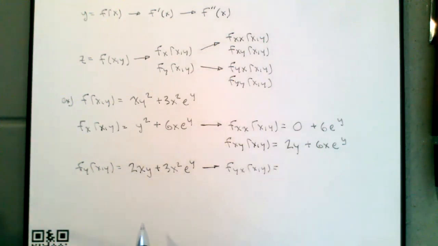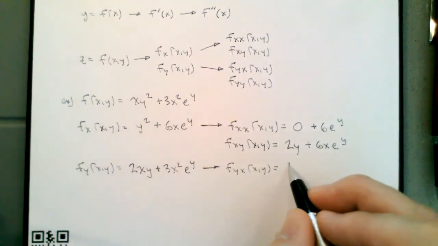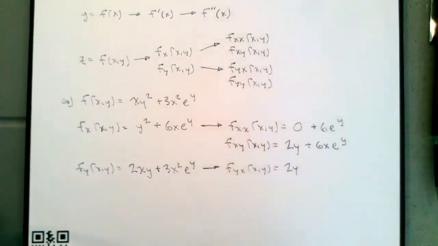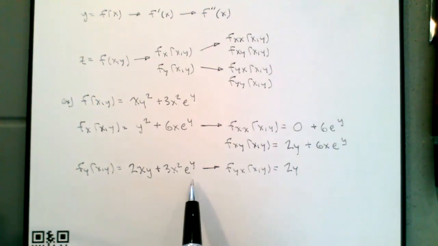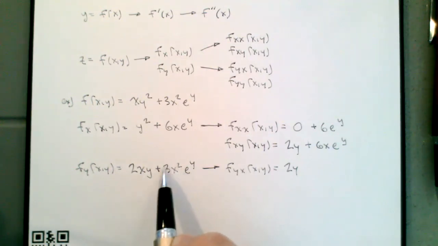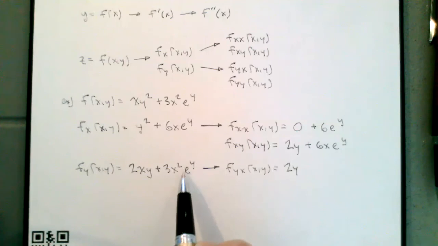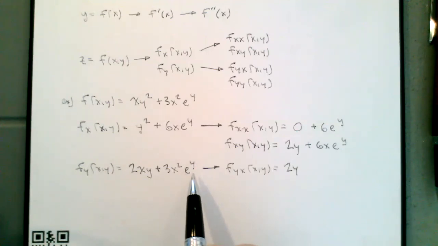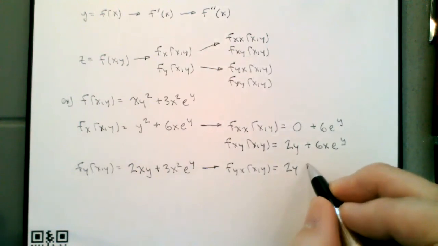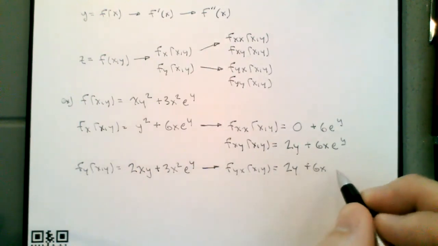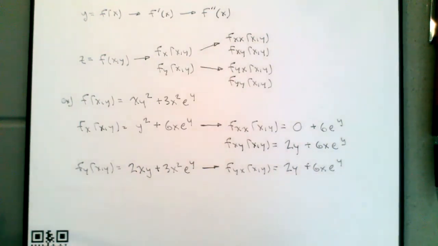The derivative of 2x is just 2, so I end up with 2. Y is a constant factor. In the second term, I want to take the derivative of the 3x squared, because e to the y is a constant factor. The derivative of 3x squared is 6x. E to the y is a constant factor.